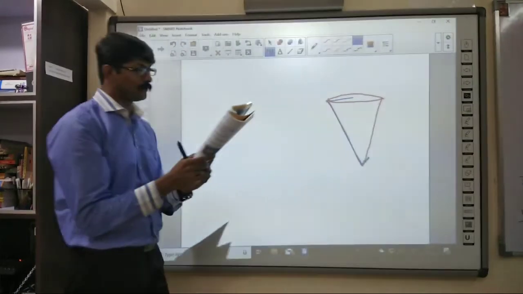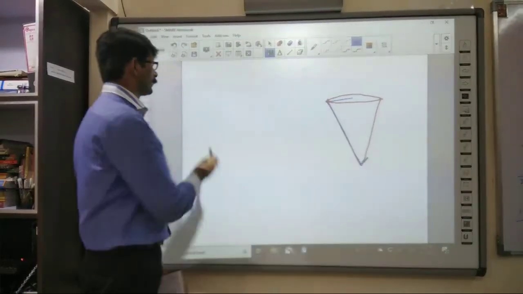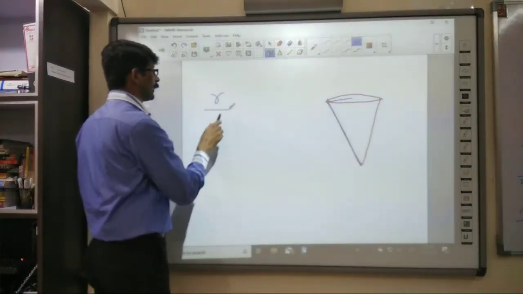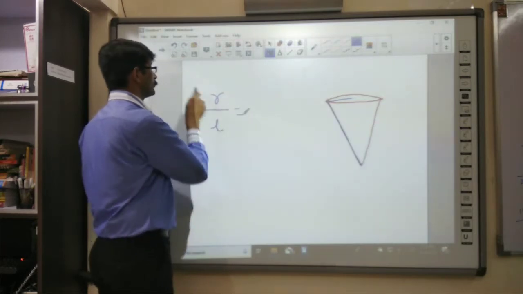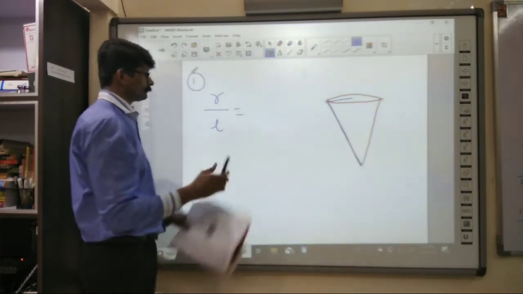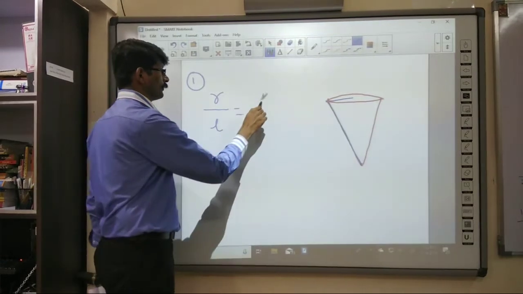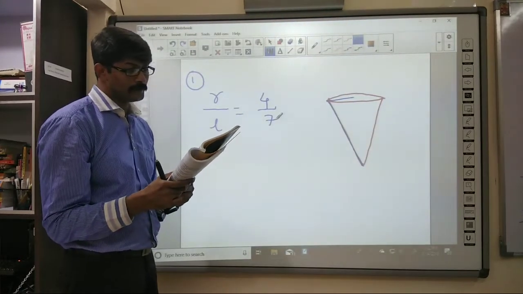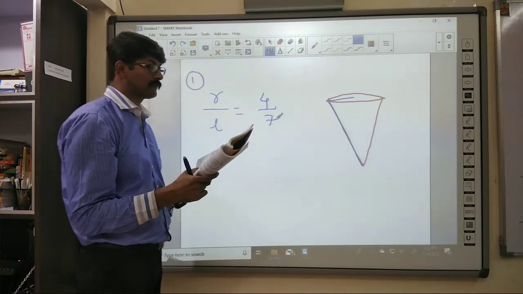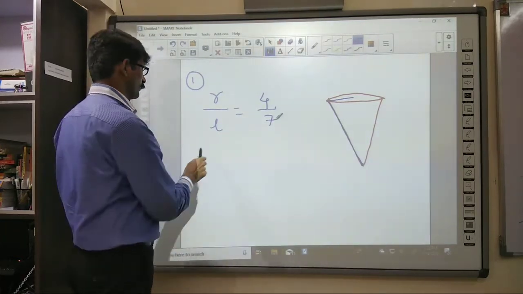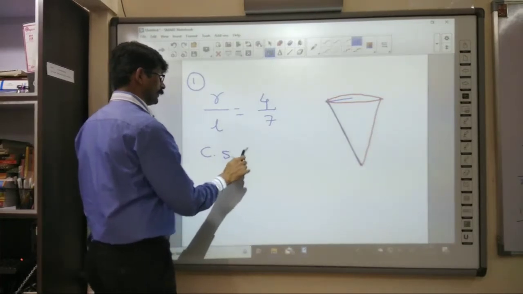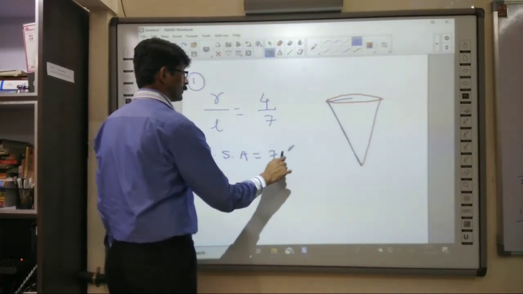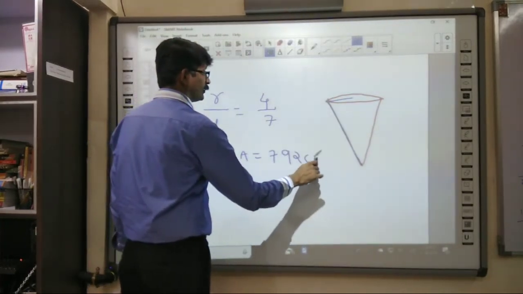The ratio of radius to slant height, where r is the radius and L is the slant height, is given as 4:7. And its curved surface area is given as 792 centimeters square.